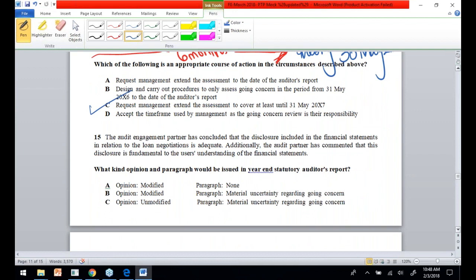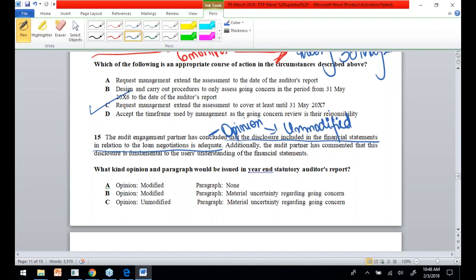The audit engagement partner has concluded that the disclosure included in financial statements in relation to loan negotiations is adequate. Now you should stop here and think that the opinion should then be unmodified. If disclosure was adequate, there should be no reason to modify the audit opinion.